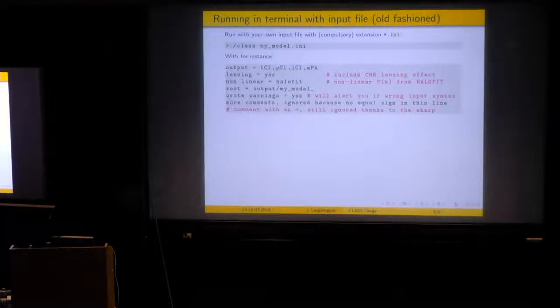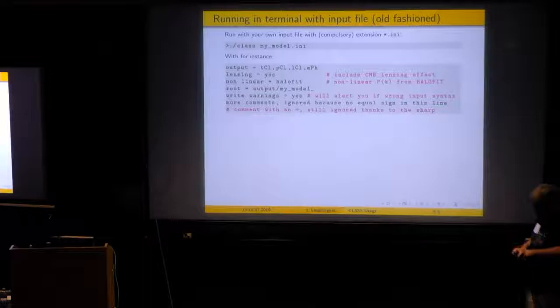This lensing equal yes says that the code will try to compute the lensed CLs. Don't confuse lensing and LCL. LCL means compute the harmonic spectrum CL of CMB lensing, so the spectrum of the projected lensing potential.